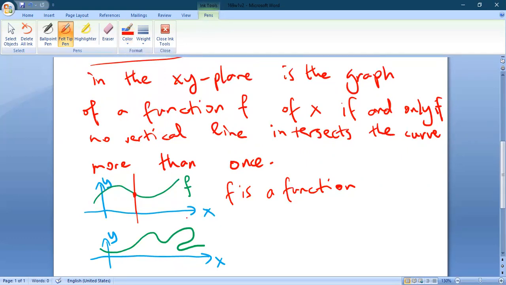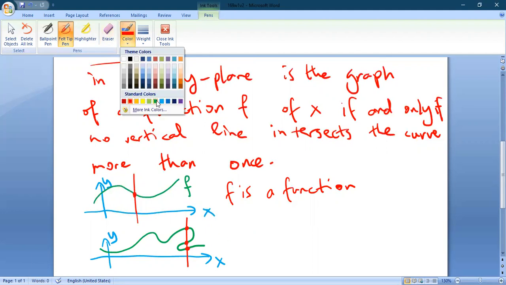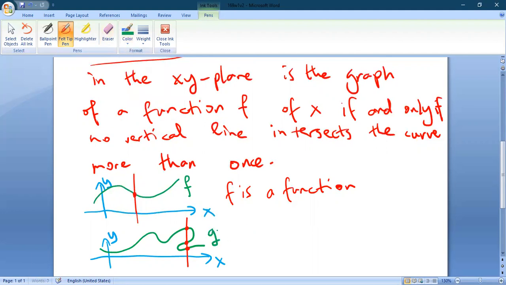If you draw a vertical line, it passes more than once. So let's say this is the graph of G. Well, in this case, G is not a function, because of these intersections here.